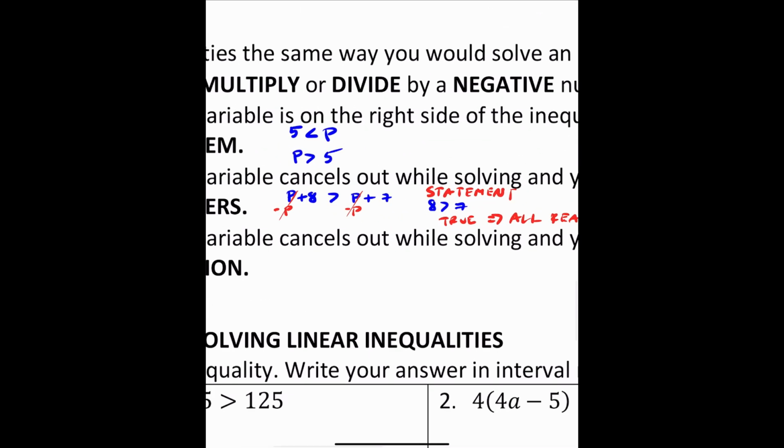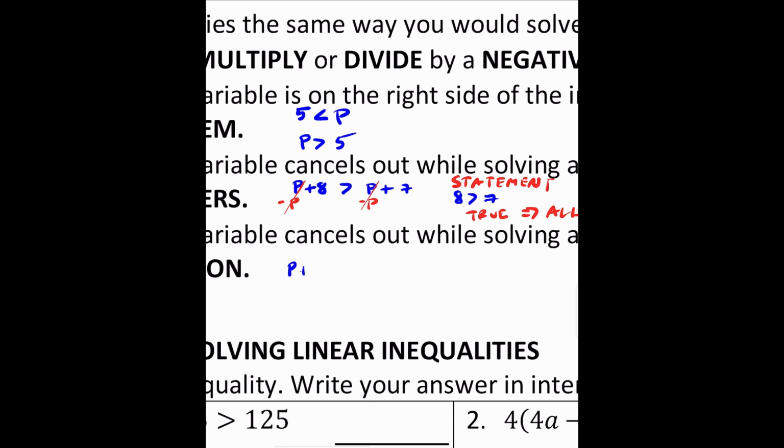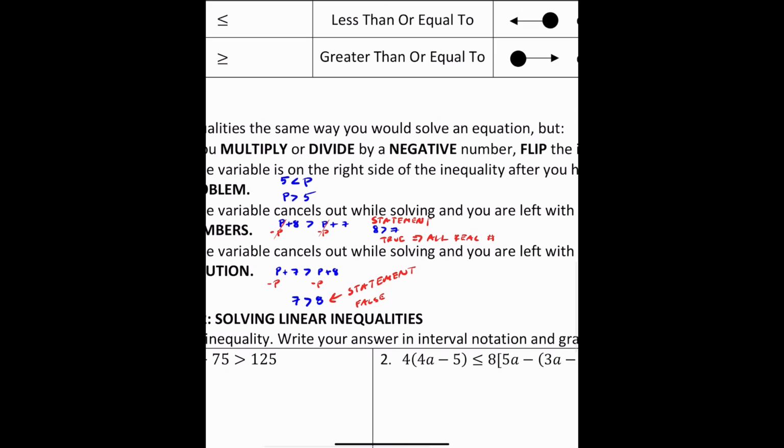So if I said p plus 7 is greater than p plus 8, and I subtract p from both sides here, I have positive 7, which is greater than 8. We all know that 7 is not greater than 8. So this is a false statement, and when you have a false statement like this, we say that this is a no solution answer, which means that whatever you plug in for p, the left-hand side will not agree with the right-hand side.